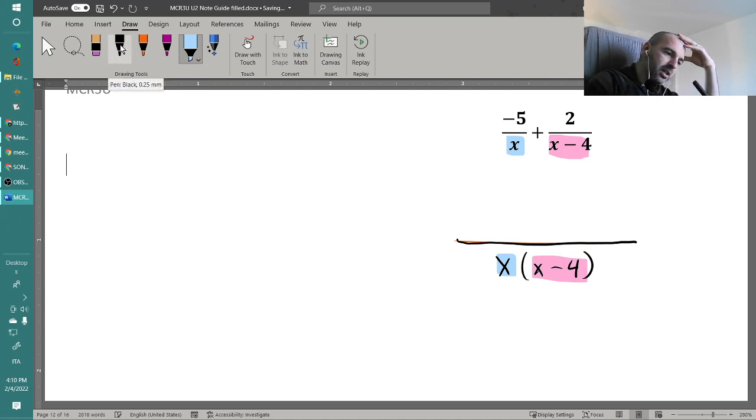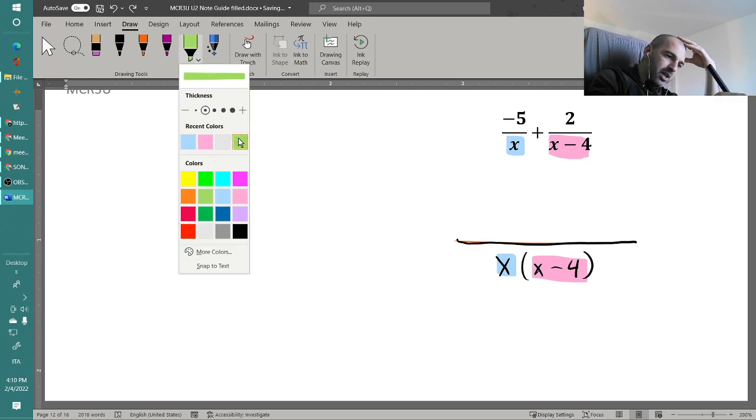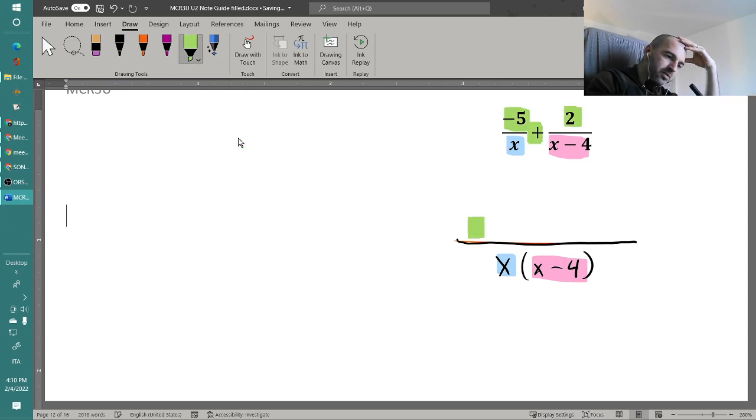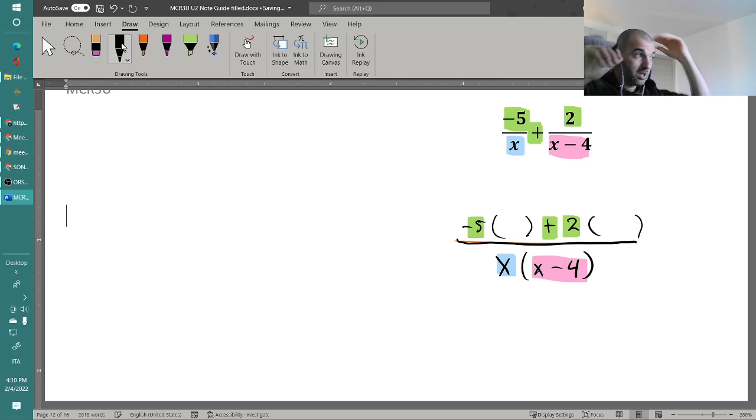So I've got a minus, hold on. I'm going to try and do this exactly the way I do the bigger ones, okay? So now I write the green stuff. Negative 5, leave a space, plus 2, leave a space.